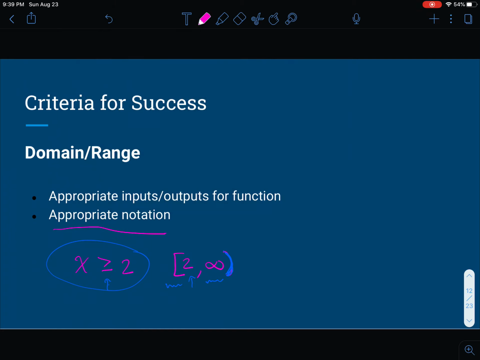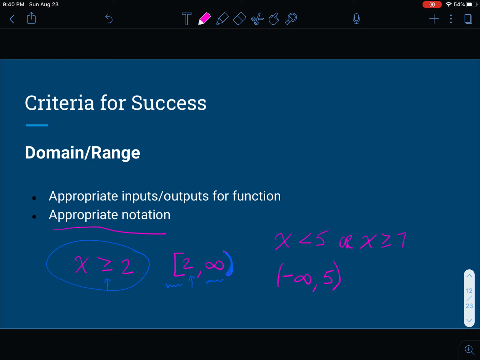Now, let's say we had something that is x is less than 5, or x is greater than or equal to 7. Let's say that's what we have. So how would we write this? The x is less than 5 is going to tell us we're going from negative infinity to 5, but we do not include 5 because it's just a less than.